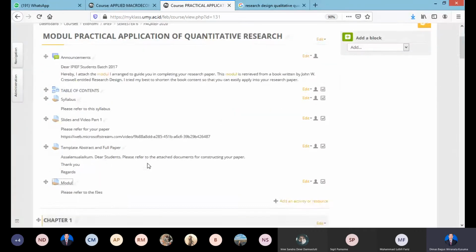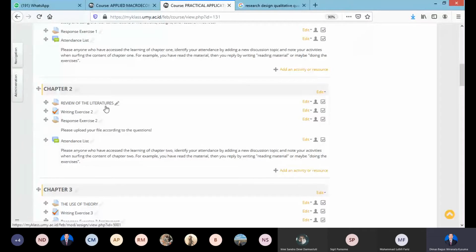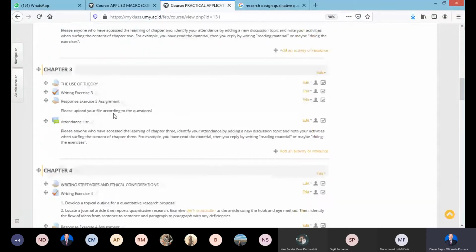So this is what we are going to learn in the first IPIEF meeting. The first is the selection of a research approach. Now we are going to discuss the first chapter, the selection of the research approach. The second is the review of the literature, how you conduct a literature review. The third chapter, the use of theories.